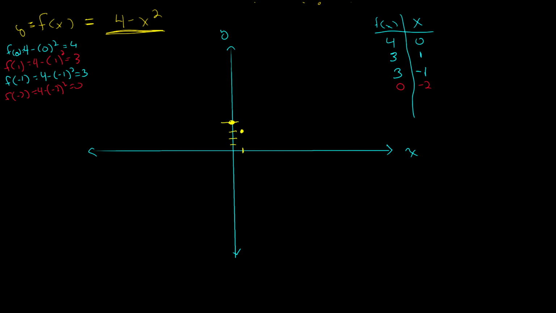When x is negative 1, y is also 3. And when x is negative 2, y is 0. And I will say there's a symmetry here in this case. When x is 2, y is still 0. And what this does is it creates a thing called a parabola.